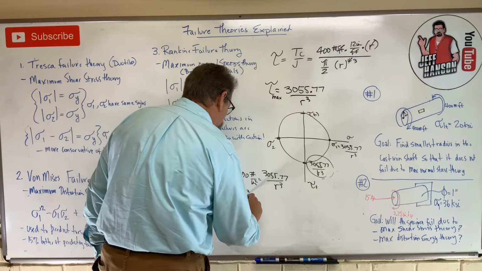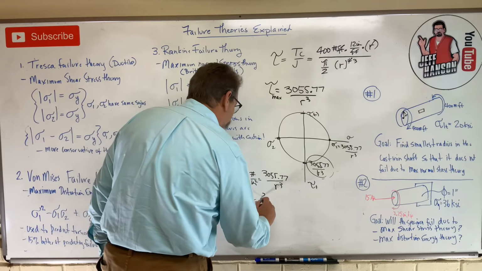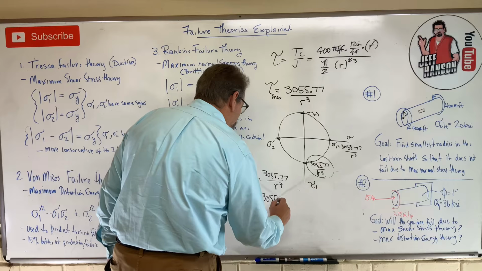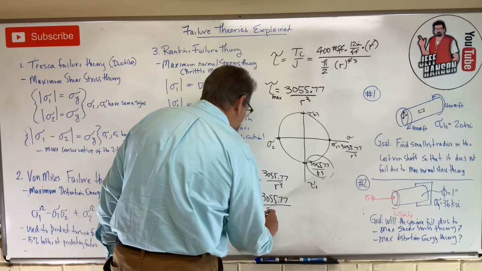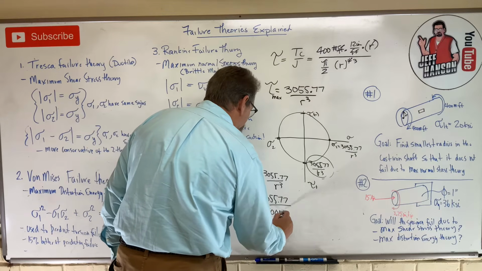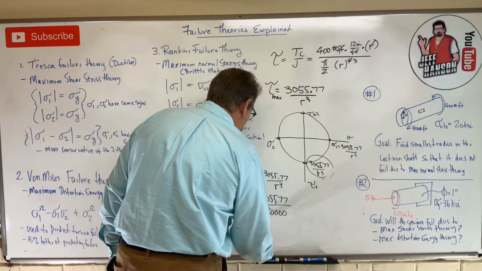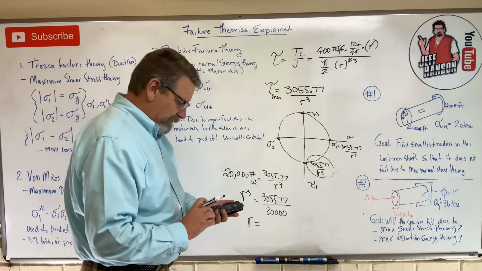So r cubed equals 3055.77 divided by 20,000.